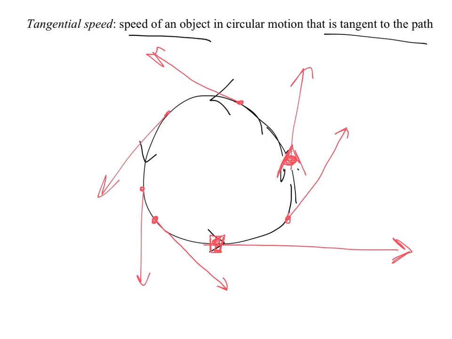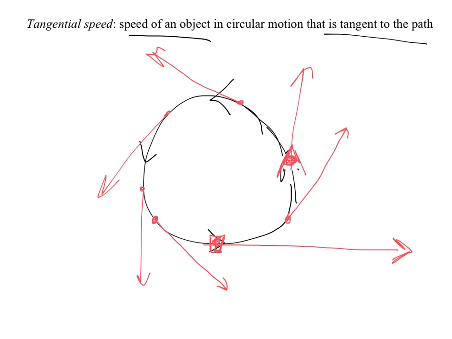Okay, so at any point in time, an object wants to move away from the circle. That's why when I let go, it moves away from the circle. But as several of us noticed before, the force of tension in this rope is what's keeping it from being launched away. There's tension in the rope that's holding it, that's keeping it on this path the entire time.